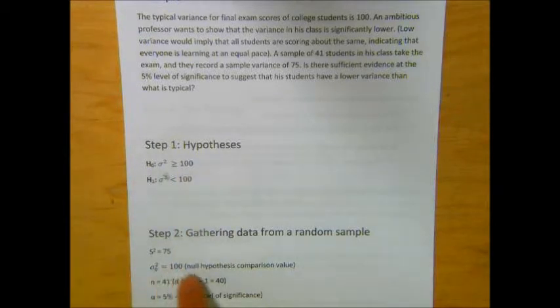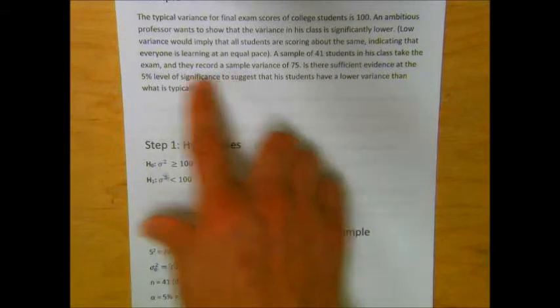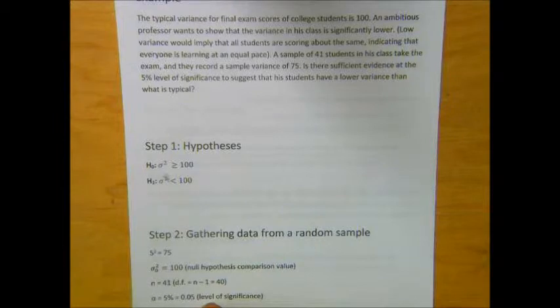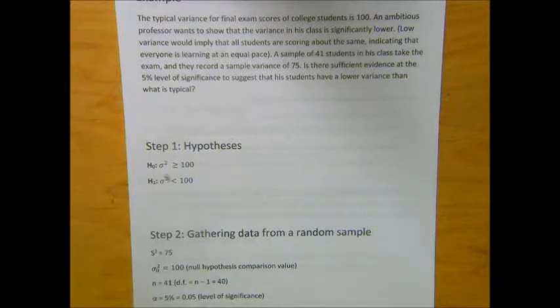We should put that right here, the null hypothesis comparison value. And we're testing at the 5% level of significance, so I choose my level of significance to be 5% or 0.05. Note, for this test, we will still need to worry about degrees of freedom, as we did with the t-tests. So the degrees of freedom follow the same formula, the sample size minus 1, or 40 in this case.